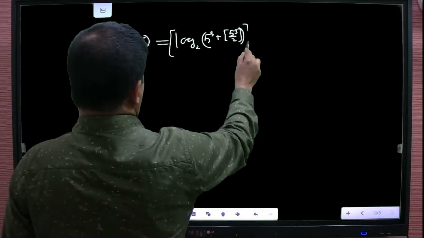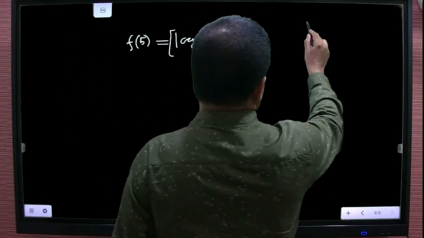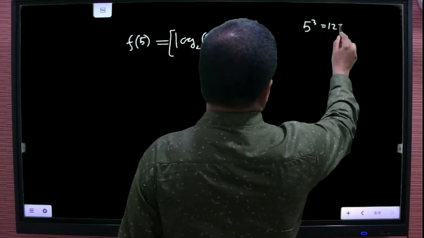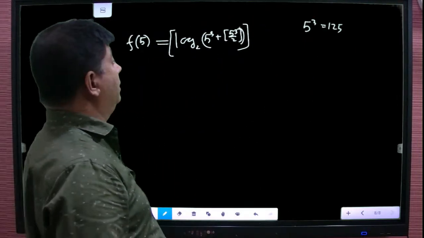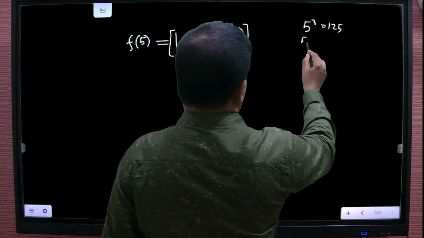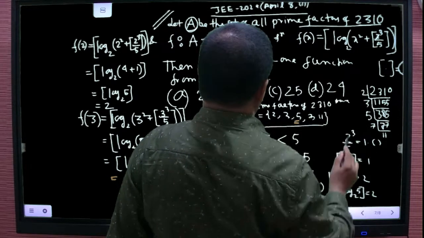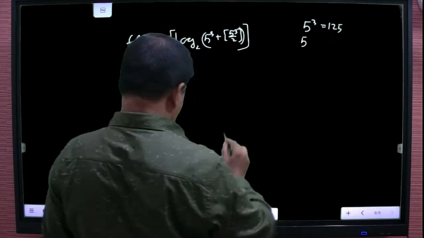Box. So 5 cube means 125. 5 cube by 5, actually, sorry, it is 5.